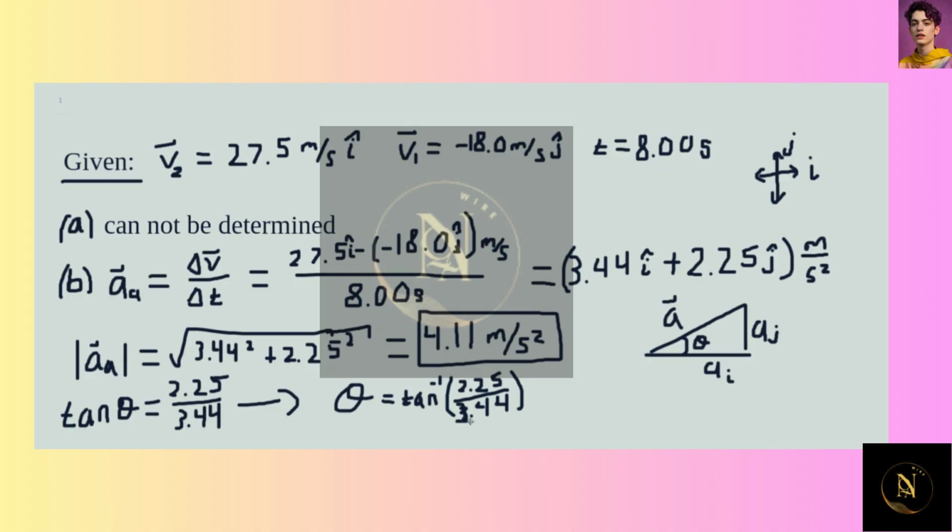Okay. And if you carry that out, you'll find that the inverse tangent of 2.25 divided by 3.44 is 33.2 degrees.